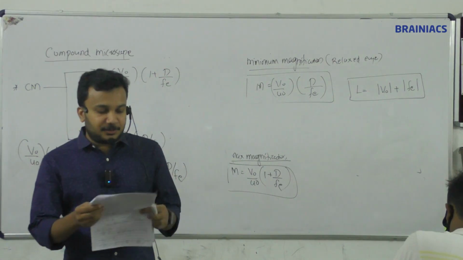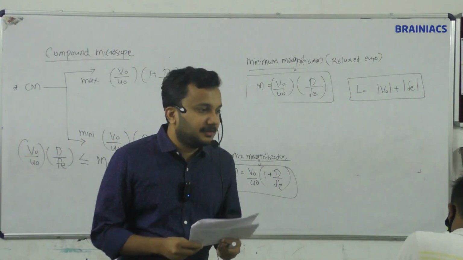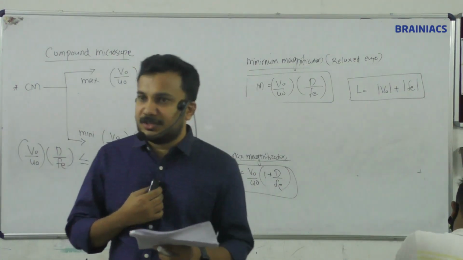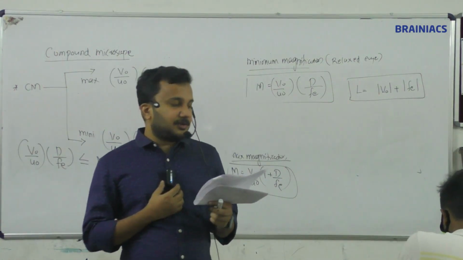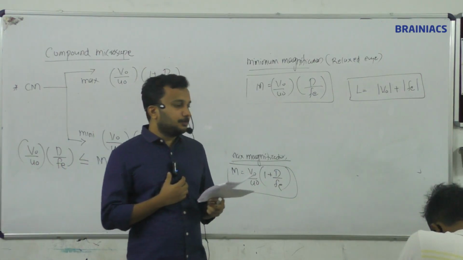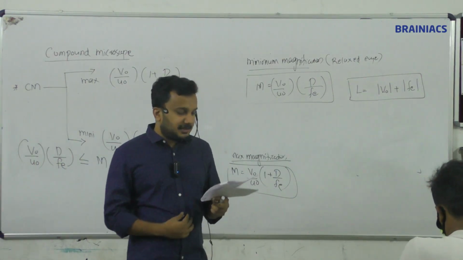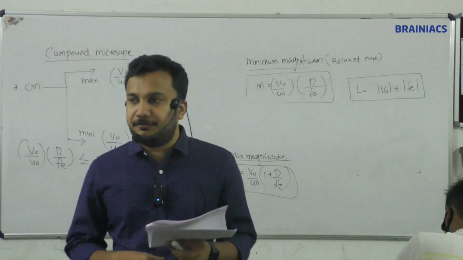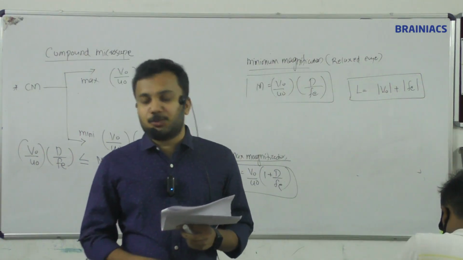So what is given in the question? F naught, the focal length of the objective lens, is 2 cm. Eyepiece lens focal length FE equal to 6.25 cm is given. Length of the microscope, capital L equal to 15 cm, is also given.